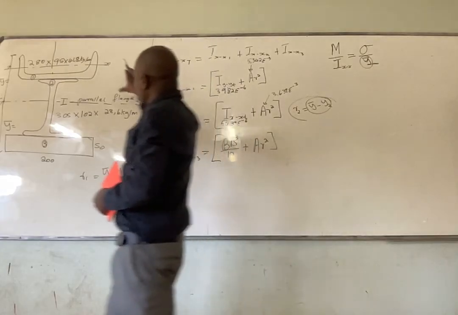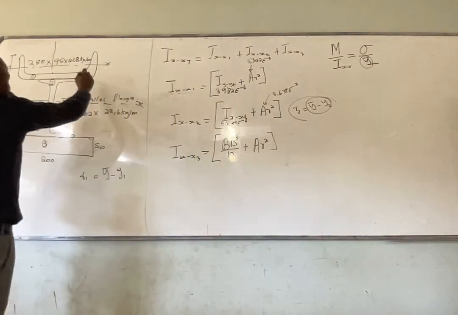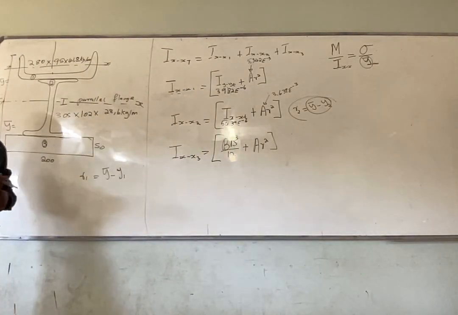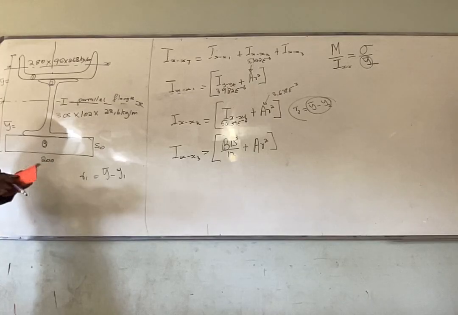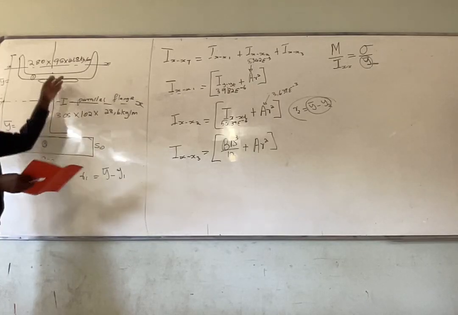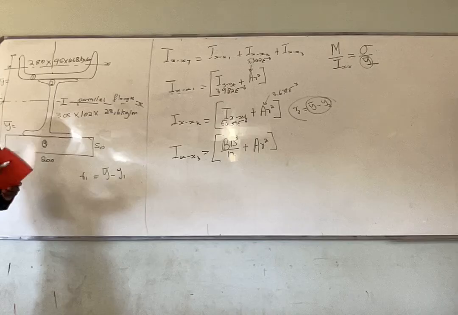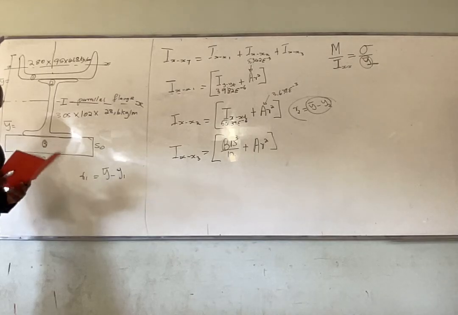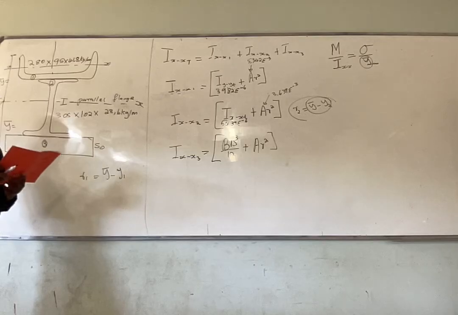Look here. Can you see this one? Again, this is our area 1, the channel. So in the channel, open this channel from your table. It's page 10. Yes, it's on page 10, right?